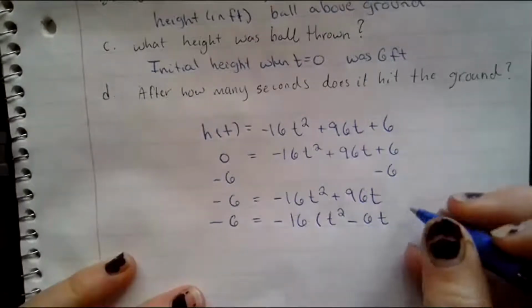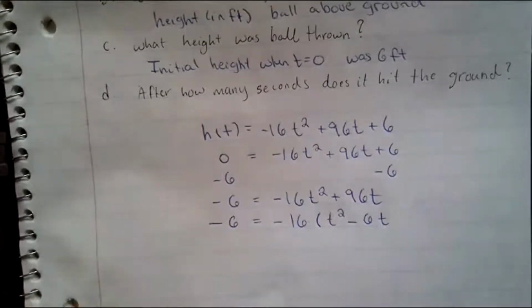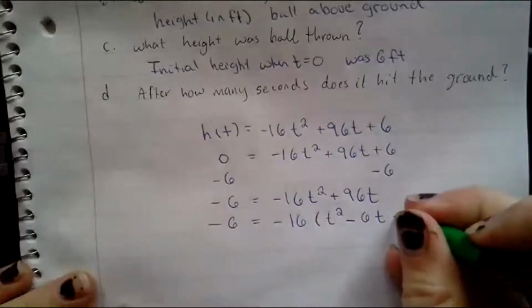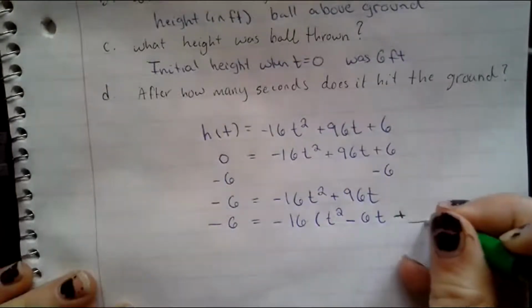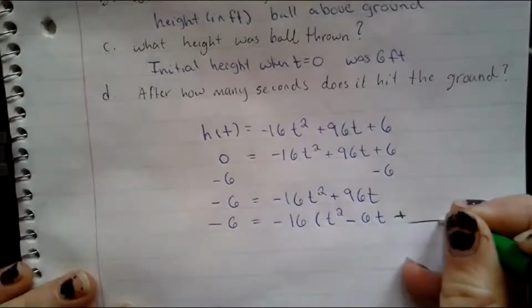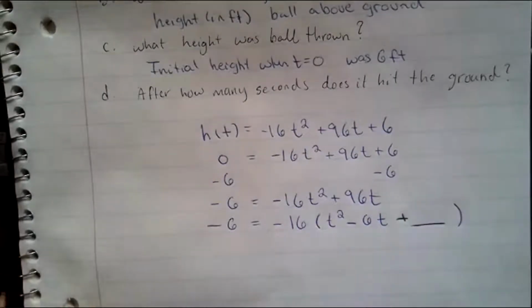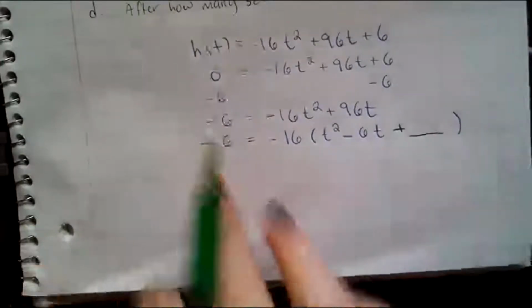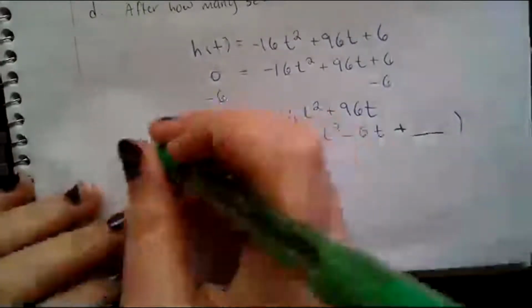And I know that I'm going to be adding something to complete the square. So I'll get a different color here. Plus something to complete the square. Since we're adding something on this side, we need to make sure that we add it on this side as well.